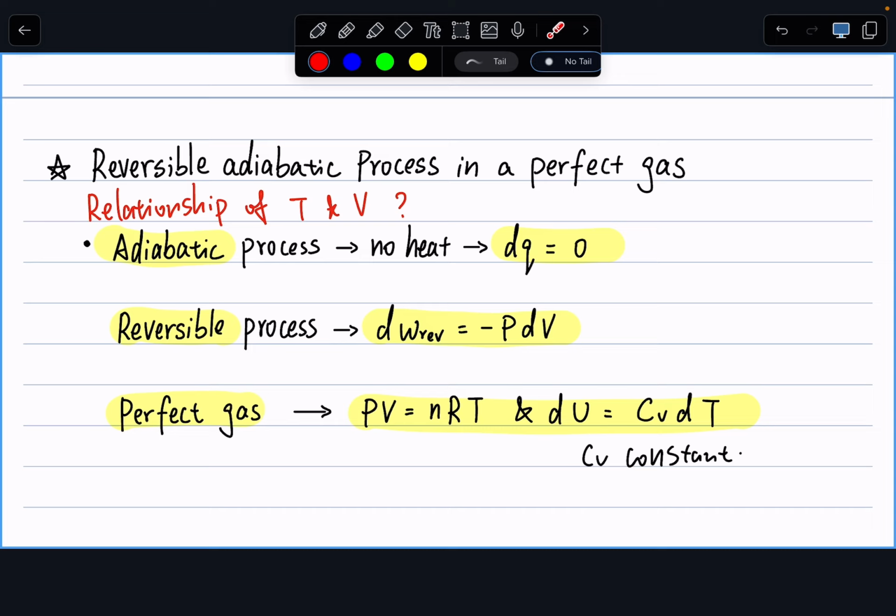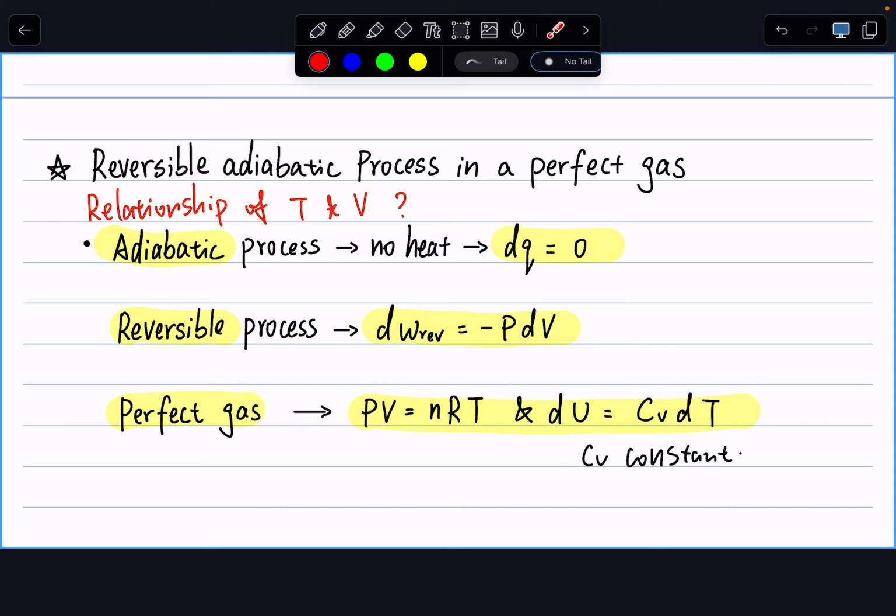And moving this negative nR over Cv inside the log, it becomes ln T2 over T1 equals ln V1 over V2 to the power nR over Cv.